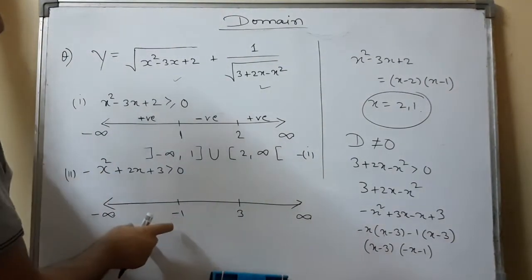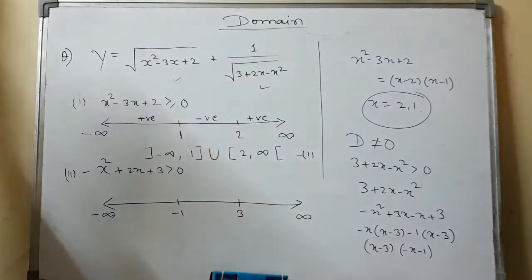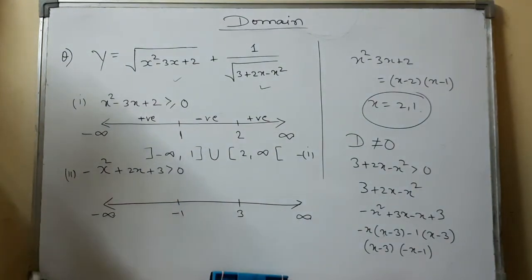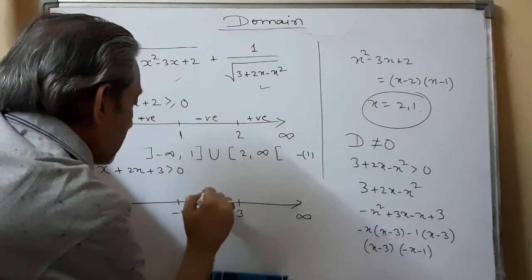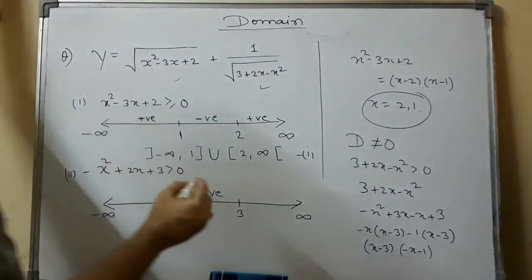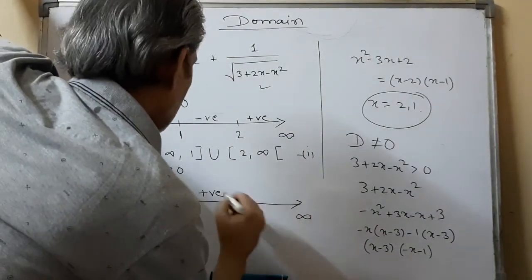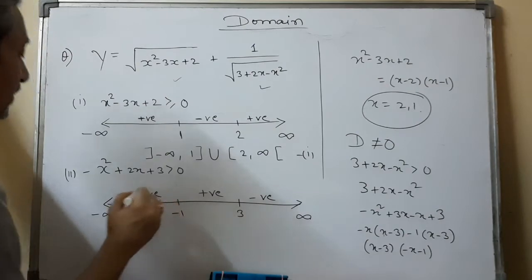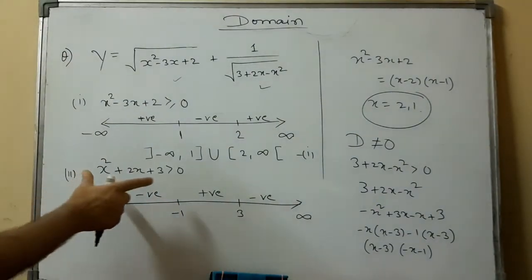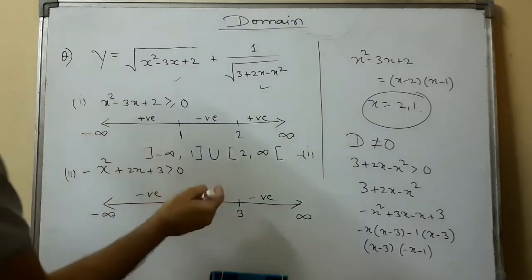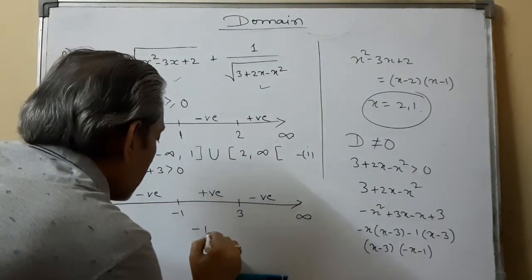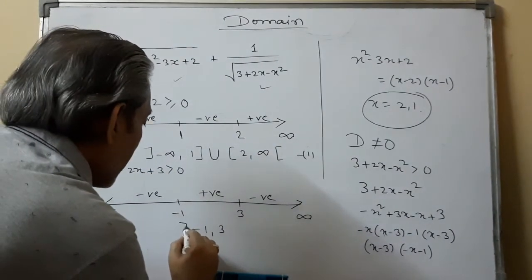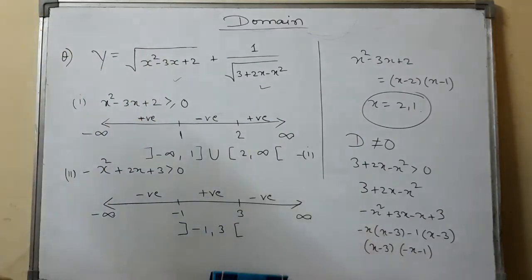Now in any of the sub intervals you can choose any real number. Let's say 0 from here, put it here. It gives a positive value, so here it is positive. Subsequently, when we jump over, the sign will change. So we need only positive values where this expression is positive, and therefore it should lie between minus 1 and 3, but it is strictly more than 0, which means it will be an open interval, minus 1 to 3.